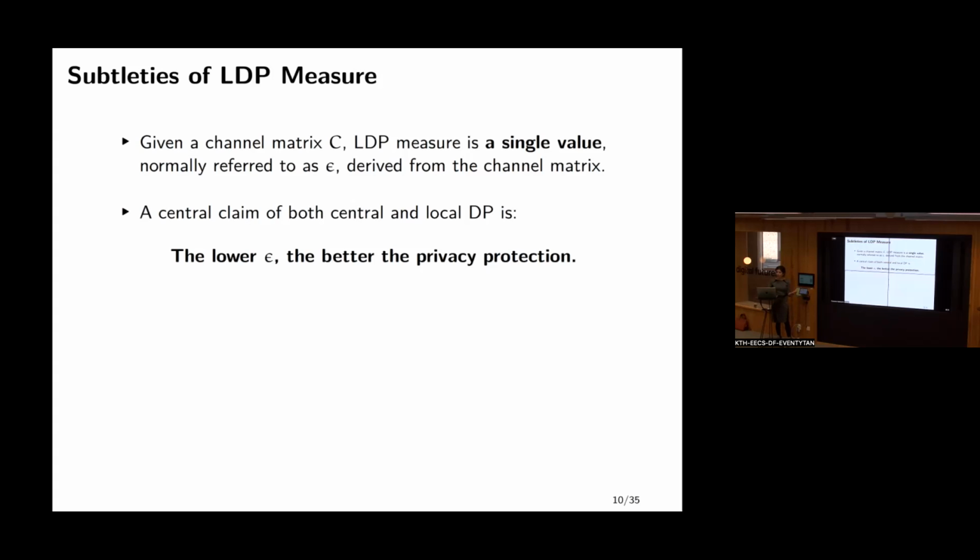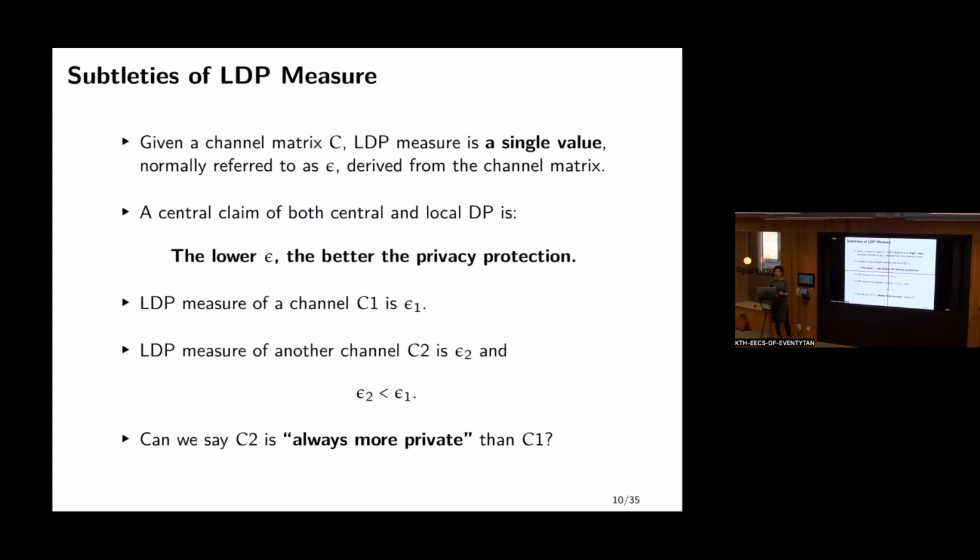So if channel 1 has epsilon 1 associated with it, and channel 2 has epsilon 2 associated with it, and epsilon 2 is less than epsilon 1, the central claim of differential privacy is that C2 is more private, more locally differentially private. But what we are asking is, is channel 2 really always more private than channel 1? So this is our motivation to get into the details of this epsilon.